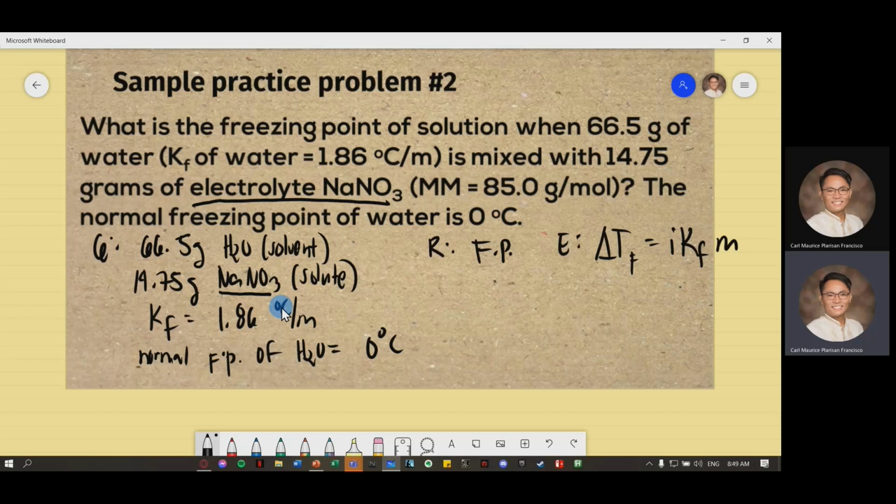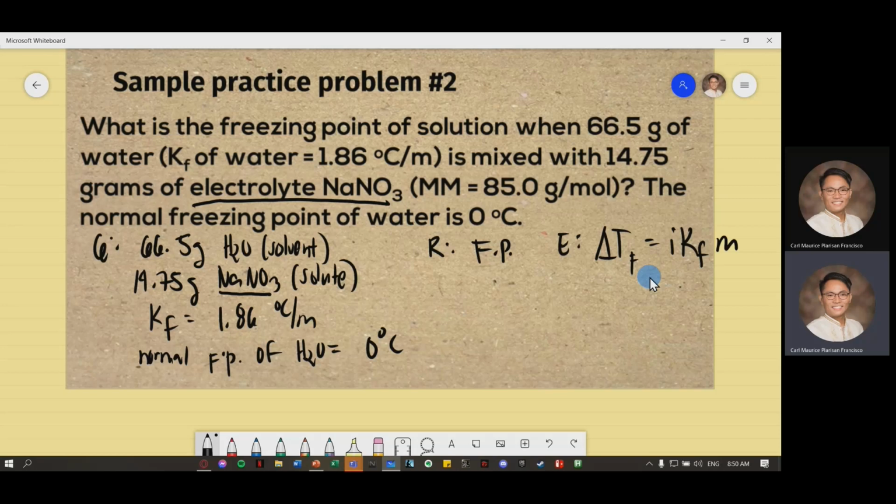So ibig sabihin po, you need to check if the solute involved are non-electrolyte or electrolyte. So kung non-electrolyte, dapat walang Van 't Hoff factor kang gagamitin. Or automatically, kapag gagamit ka naman ng non-electrolyte, tapos gagamit ka ng Van 't Hoff factor, automatically number 1. So remember, kapag non-electrolyte, equal to 1 ang Van 't Hoff factor.